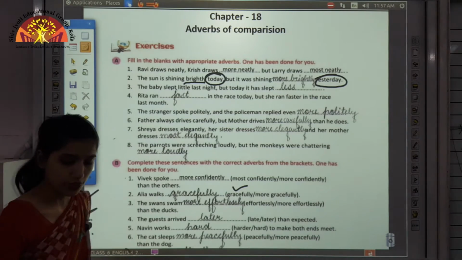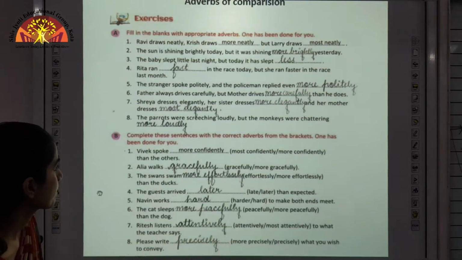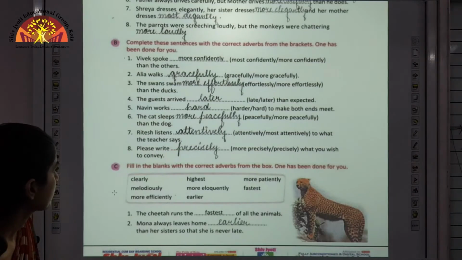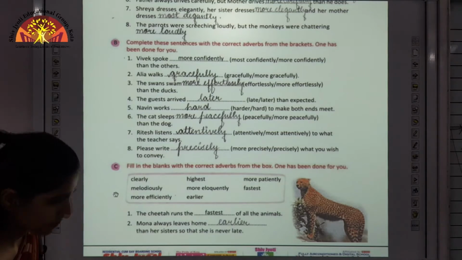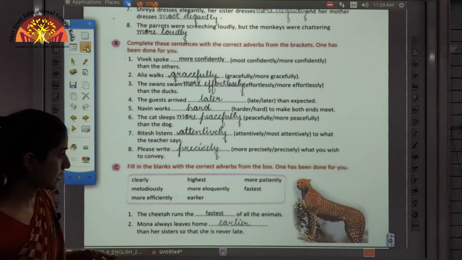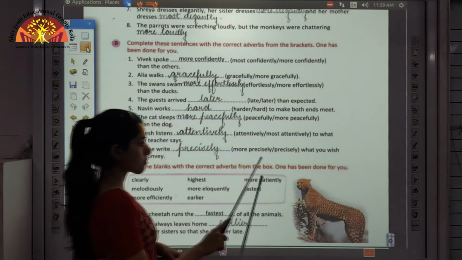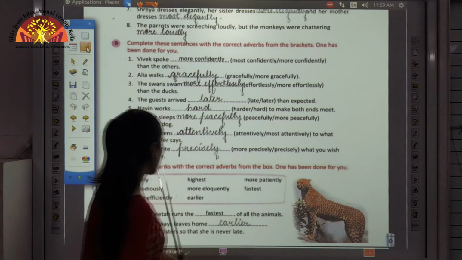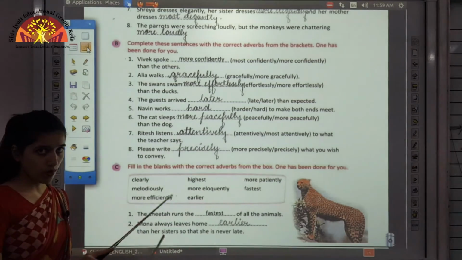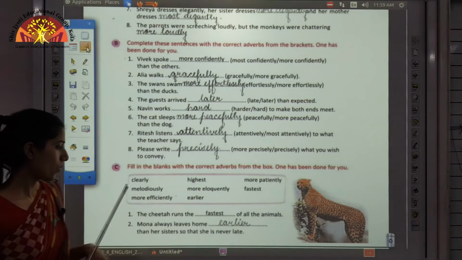Moving further to your next exercise, your C exercise. Fill in the blanks with the correct adverbs from the box. We are given some adverbs in this box, and we need to put the correct adverb in the given blanks.